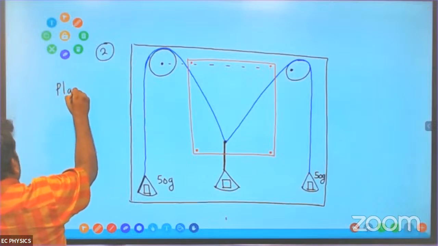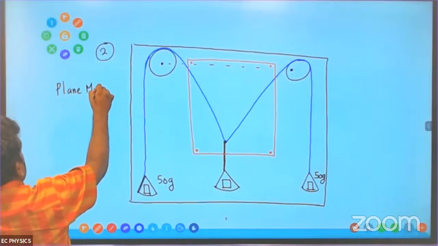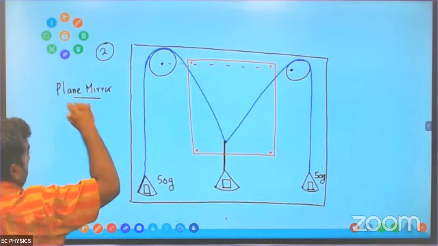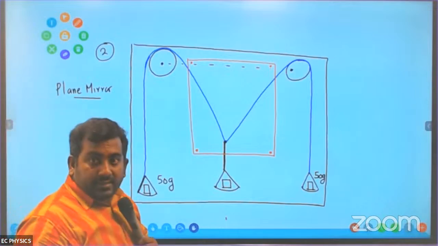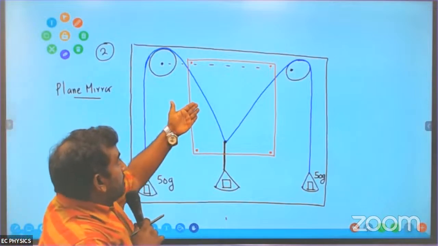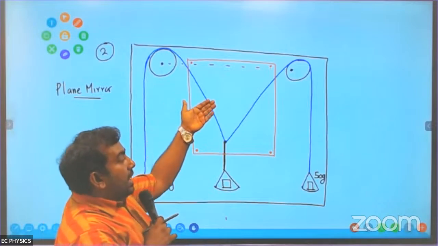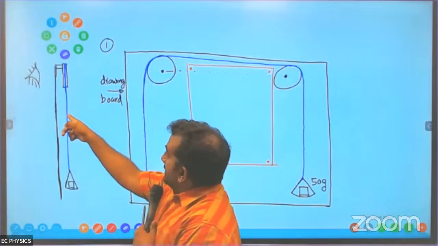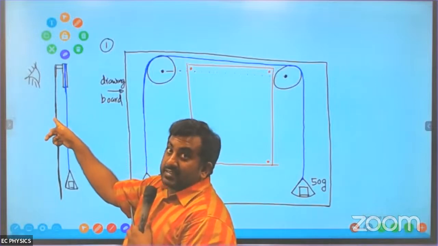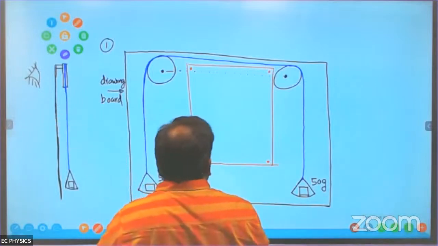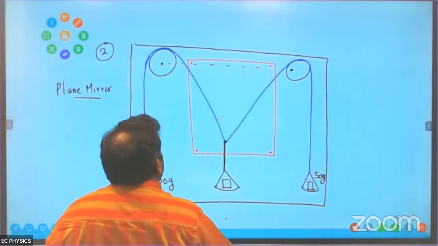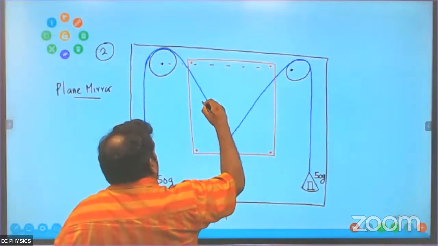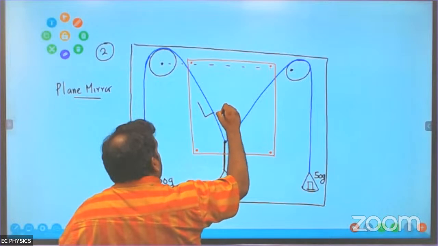What you do is, you take the plane mirror and you slide it underneath the string. Now, I hope you remember, here, there is a gap.